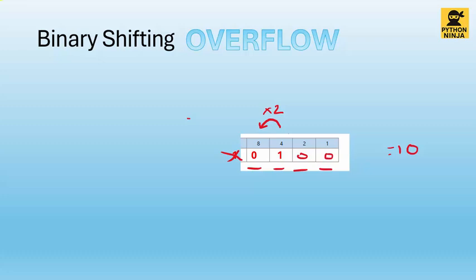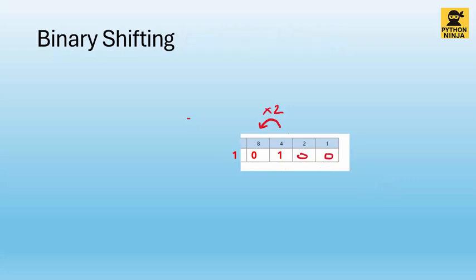It is now giving us the number equivalent to a denary of 4. That is called overflow, and it's something to be aware of because it's a real thing in a computer system that if you shift left, if you multiply past a certain point, your computer may run out of memory to store that increasingly high number.